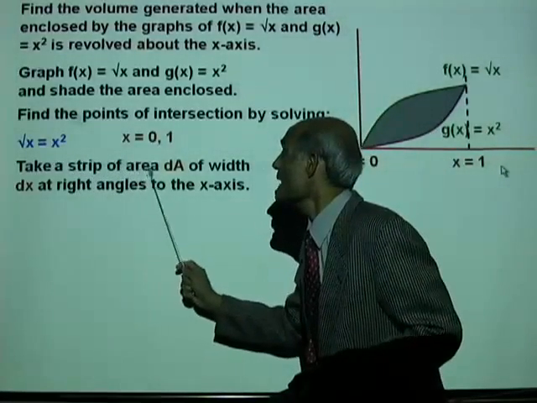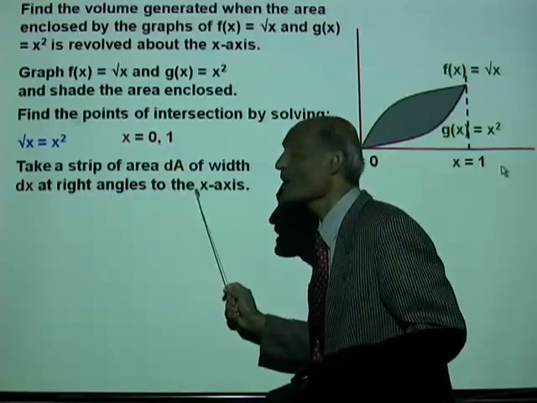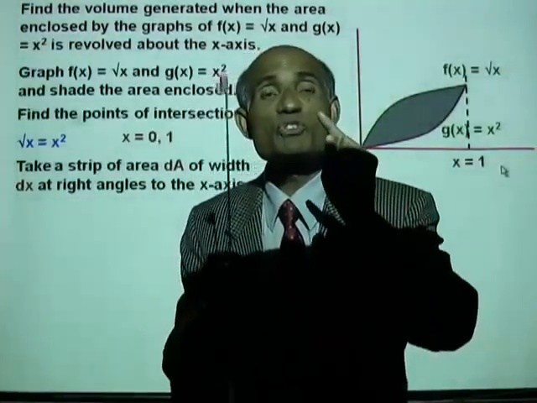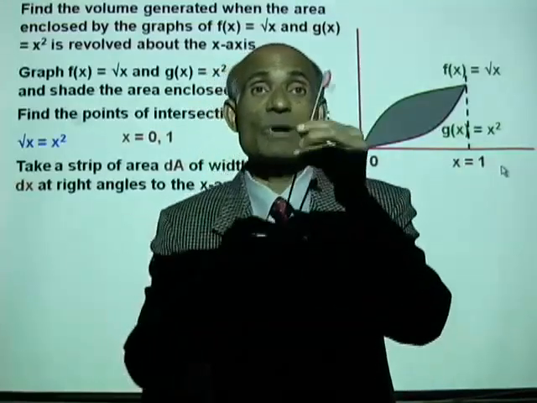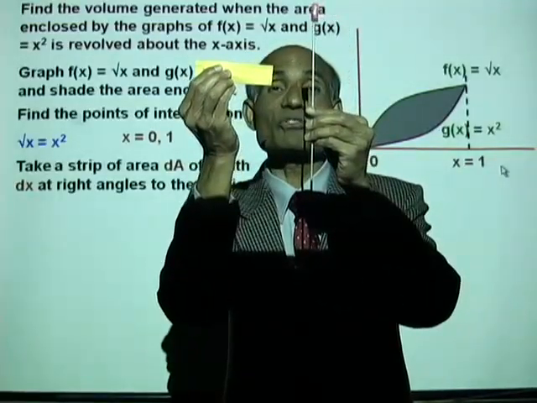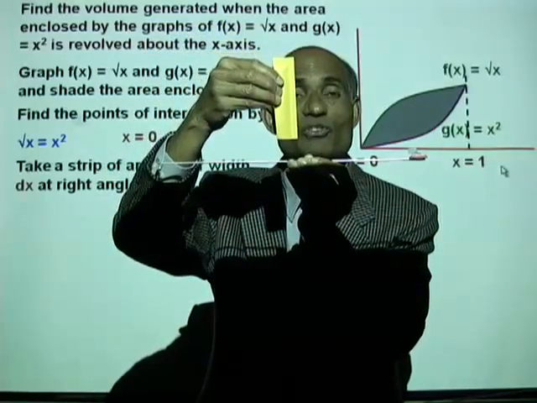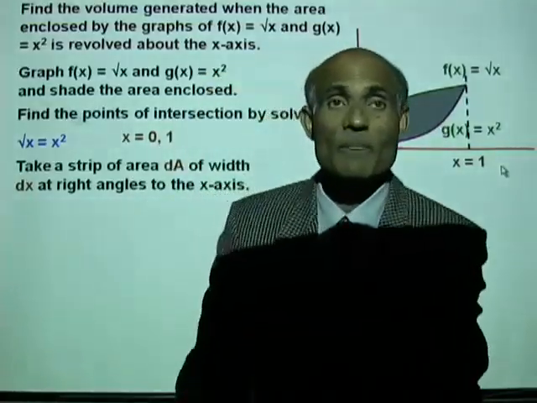Take a strip area dA of width dx at right angles to the x-axis. Now, in the case of revolution about the y-axis, we took dA at right angles to the y-axis. This time we need revolution about the x-axis, so we take dA at right angles to the x-axis.